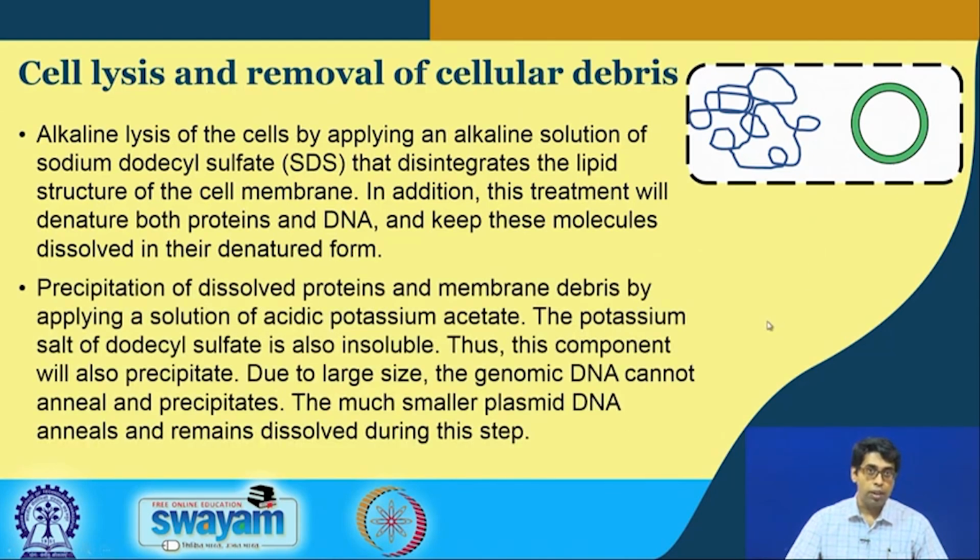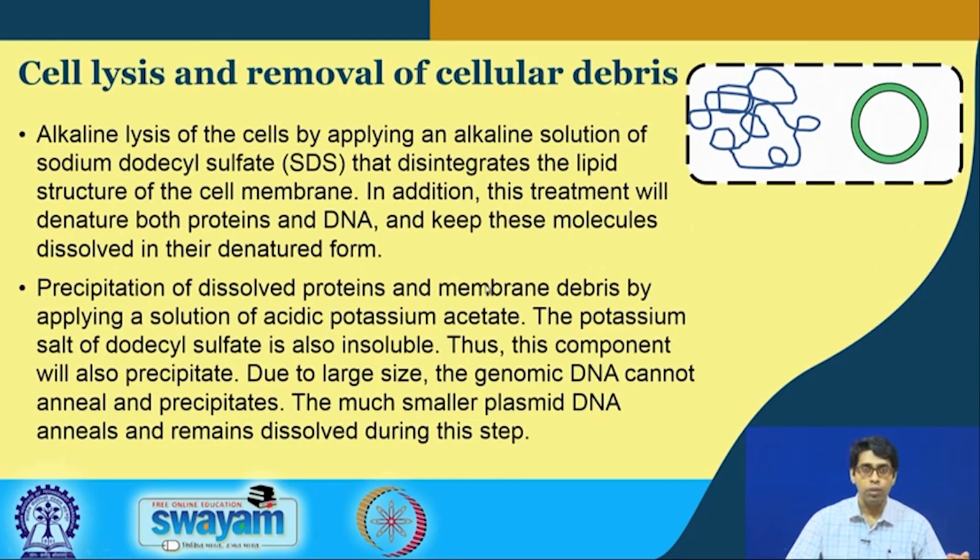Now, what we do is we add another solution which is called a precipitation solution. This solution is a solution of potassium acetate. So, this is a salt, potassium salt of the acetic acid, and it brings the pH again to the acidic range.